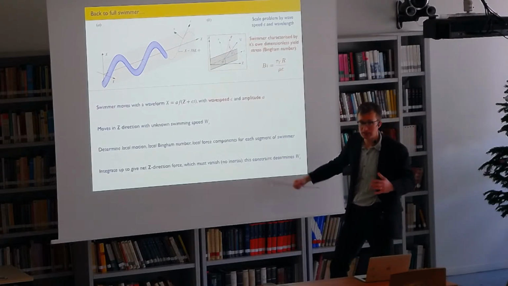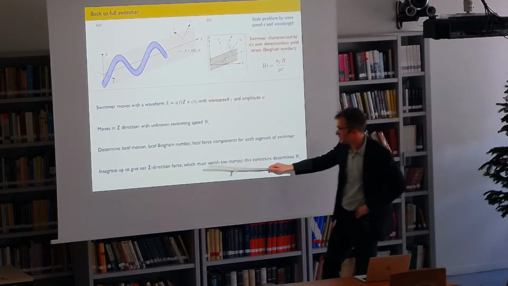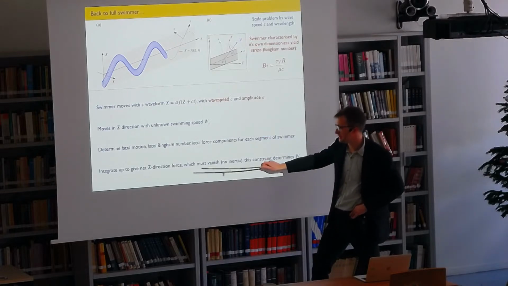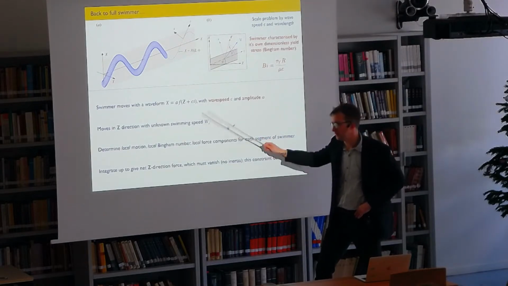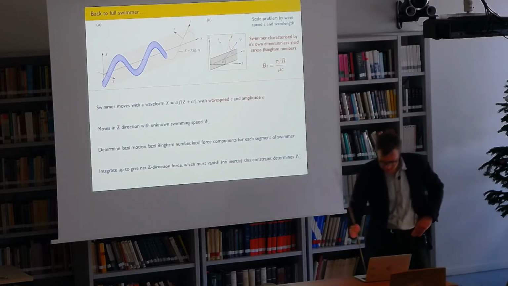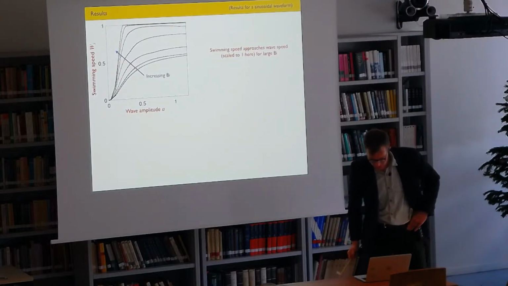There can't be any imbalance in force, otherwise that would be an acceleration. So that ultimate constraint, you then solve iteratively. You now have to impose this integral constraint on the net force, and that requires there to have been a unique swimming speed that you didn't know a priori that comes out of the solving. So it's a semi-complicated iterative process, but it's not worth getting too worried about.